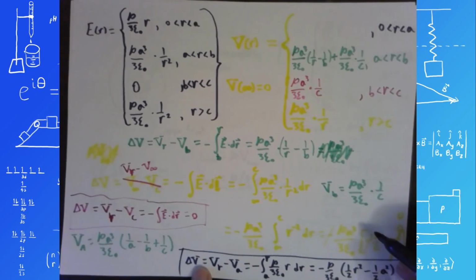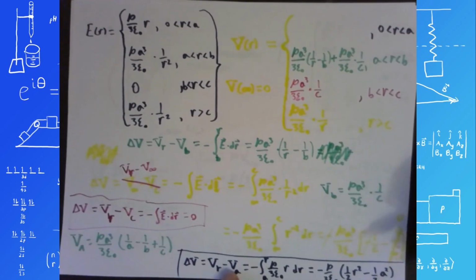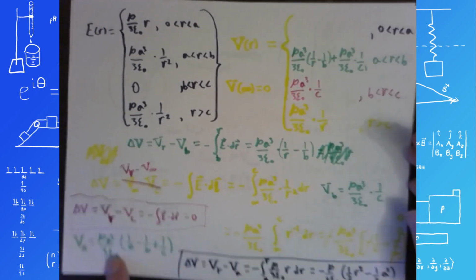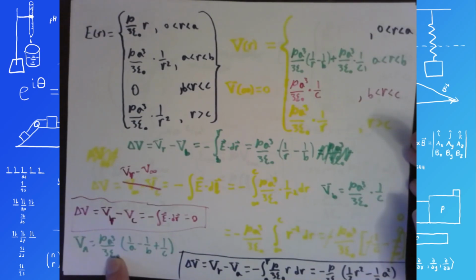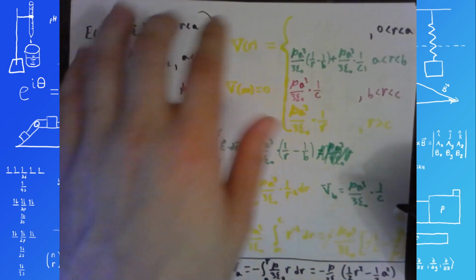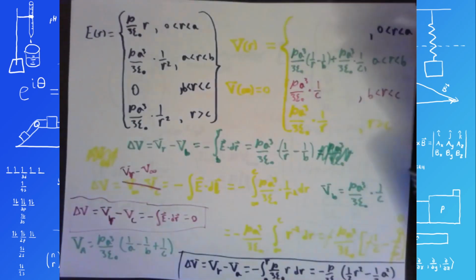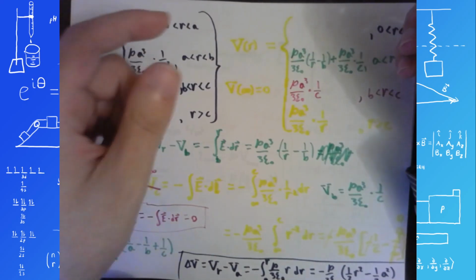To get V sub R, I would then need to add V sub A to this result. There's my V sub A, so we're going to have, let's see. Oh boy, I don't even know if I have enough room to fit this whole thing in.